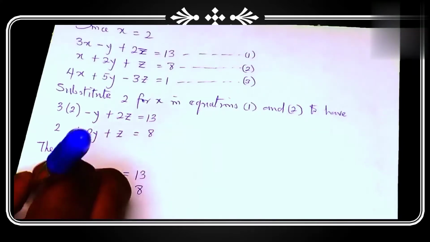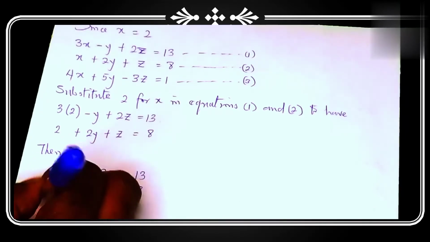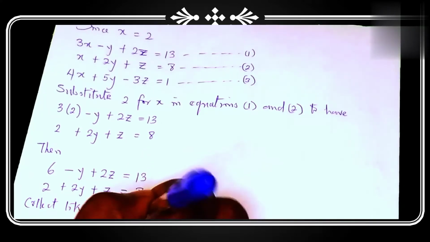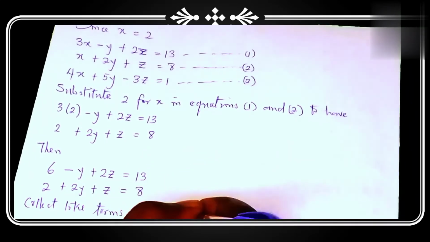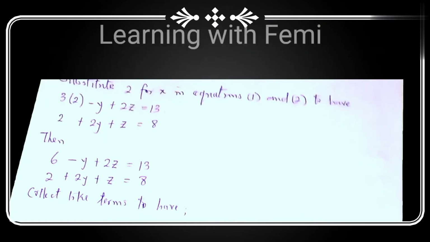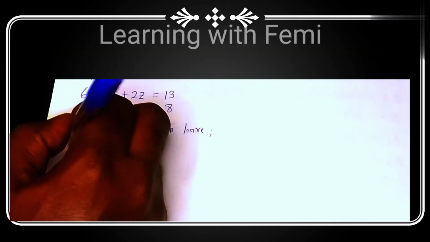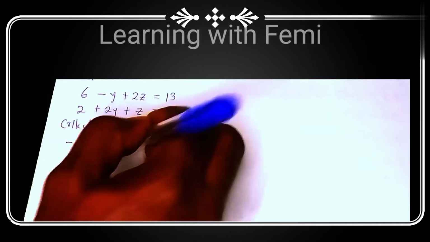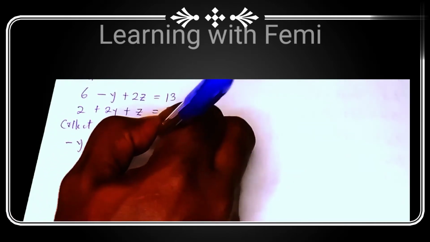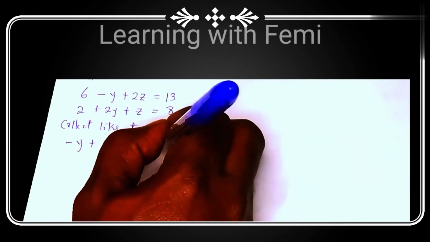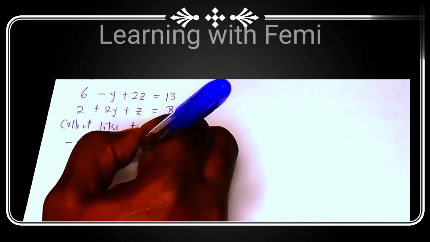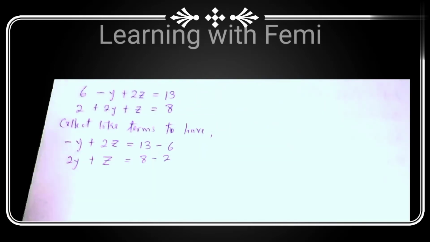Now we can collect like terms to have, minus y plus 2z equals 13 minus 6 and 2y plus z equals 8 minus 2.